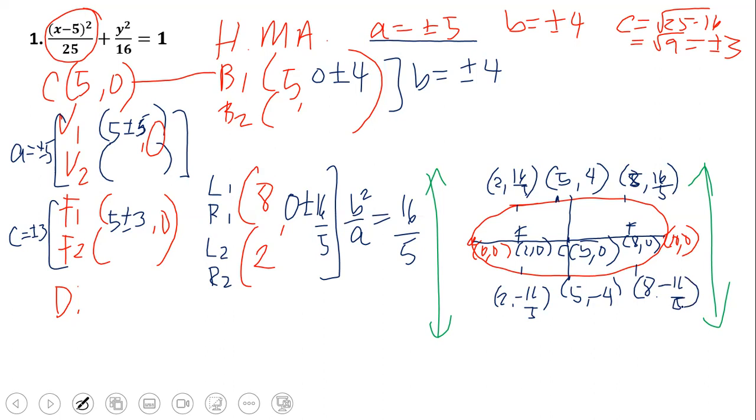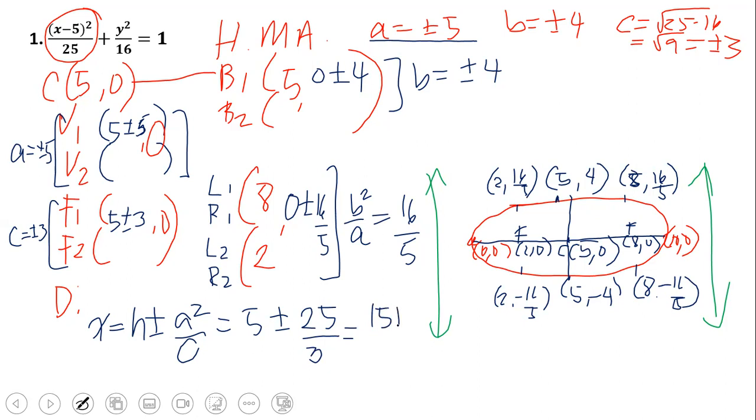And last part is yung directrix. X is equal to h plus minus a squared over c. So you also have already, h natin is 5 plus minus 25 over c, which is 3. So we can already perform 15 plus minus 25 over 3. So this will split into two values, 40 over 3.